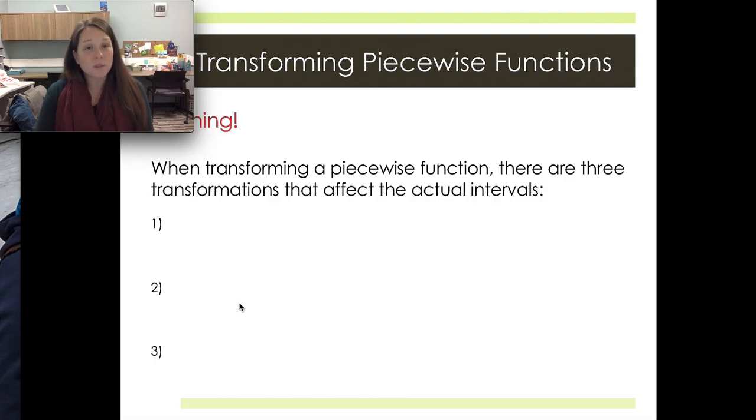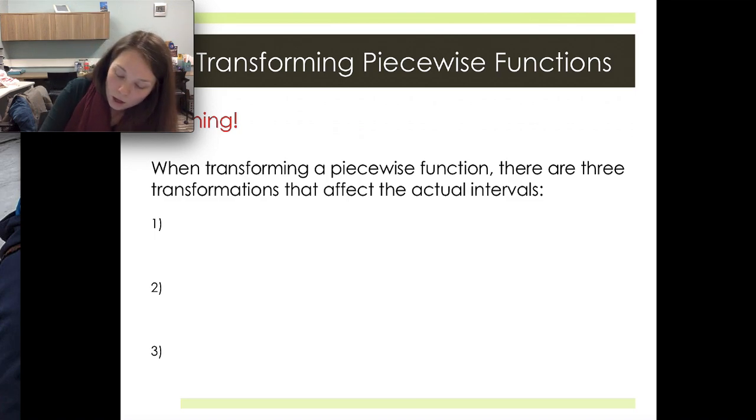Now, there's something we have to be cautious with when transforming piecewise functions, because piecewise functions have inequalities attached to each piece of the function. When transforming these functions, there are three things that are going to affect those intervals or inequalities. The first is a horizontal translation.